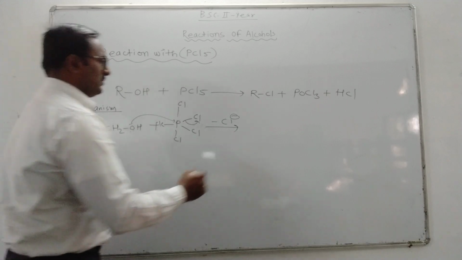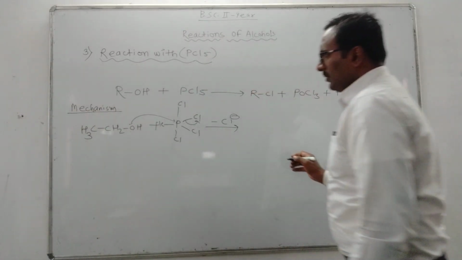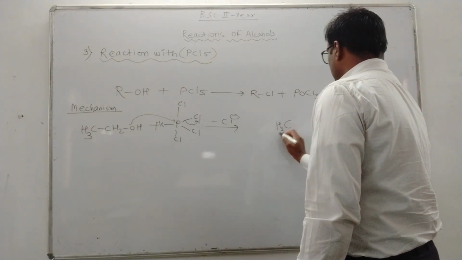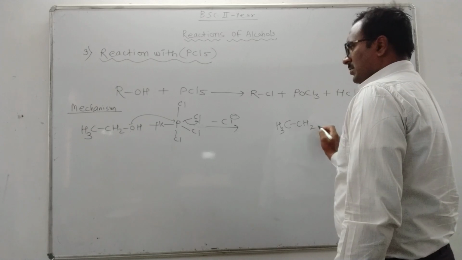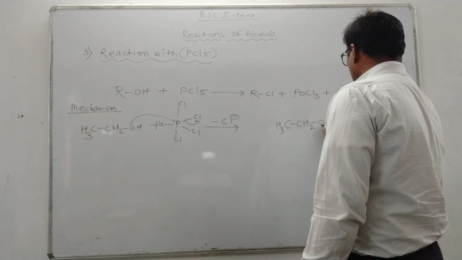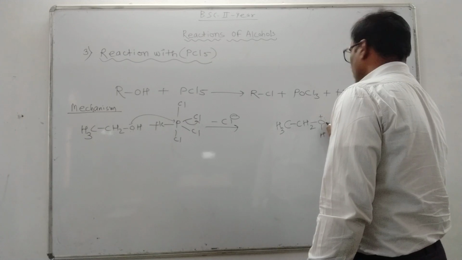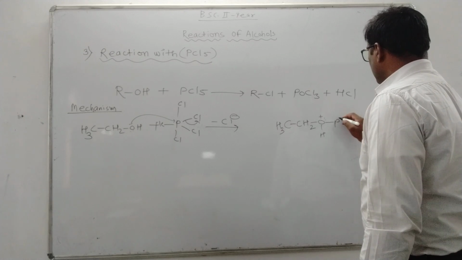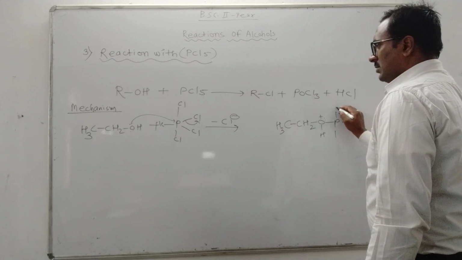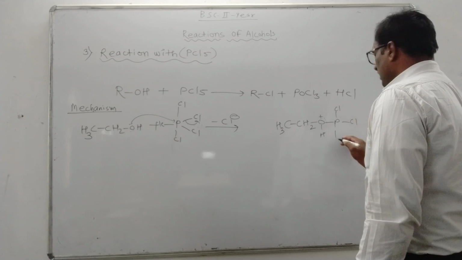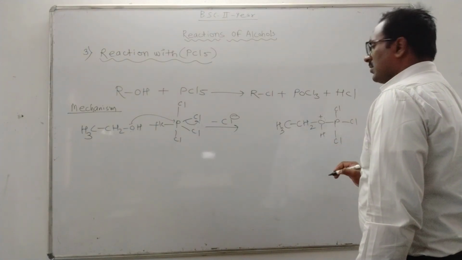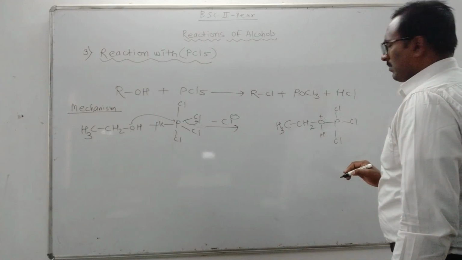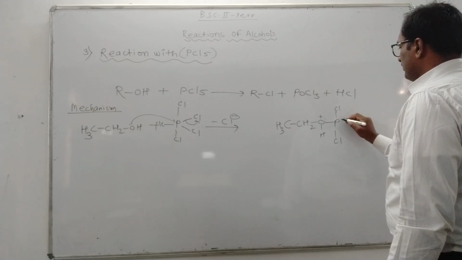There is formation of CH3CH2OH plus, lone pair of electrons of oxygen, then phosphorus, then chlorine, and again another chlorine.